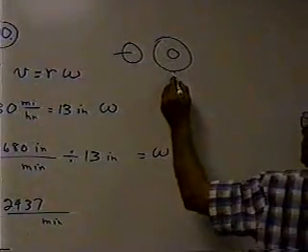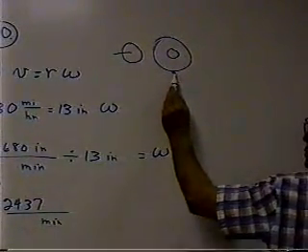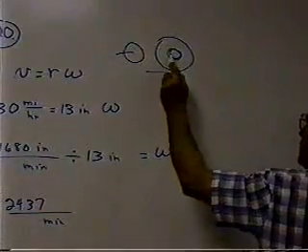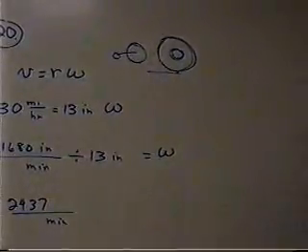And what we want to do is to be able to take a linear speed, say we're going 30 miles per hour, well, how fast is this turning? How fast is this turning? How fast are the pedals turning?